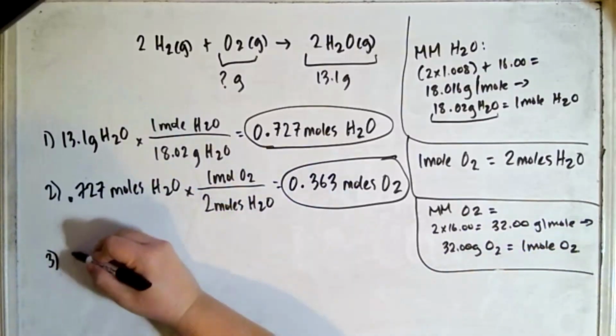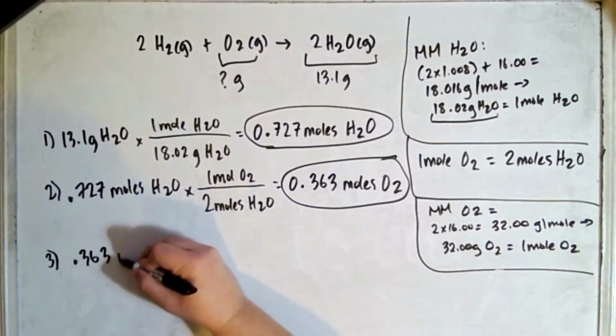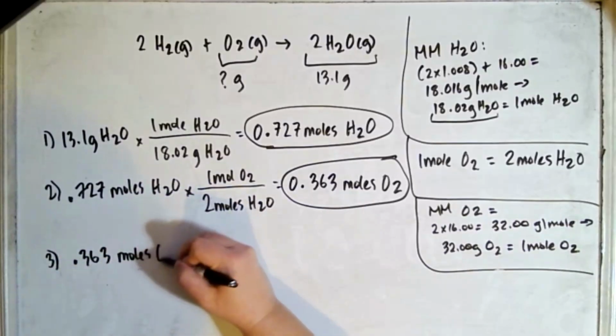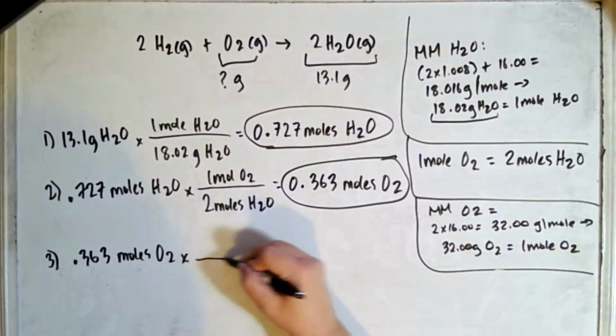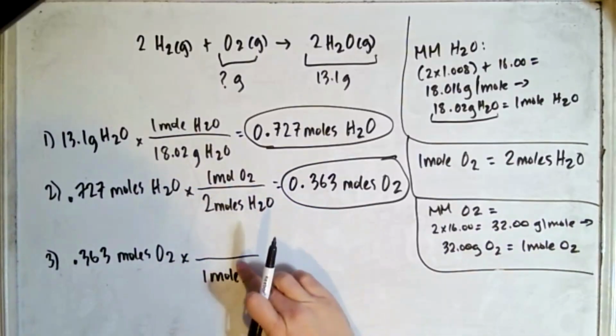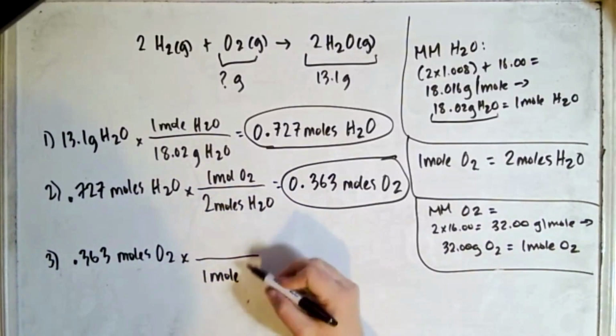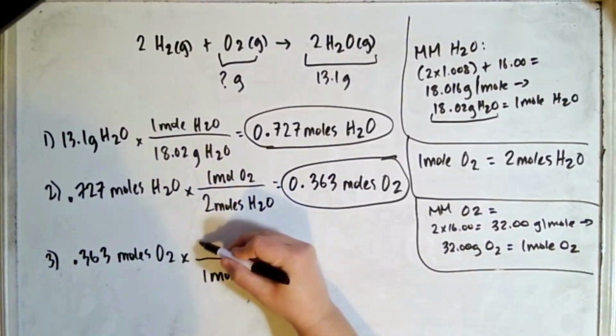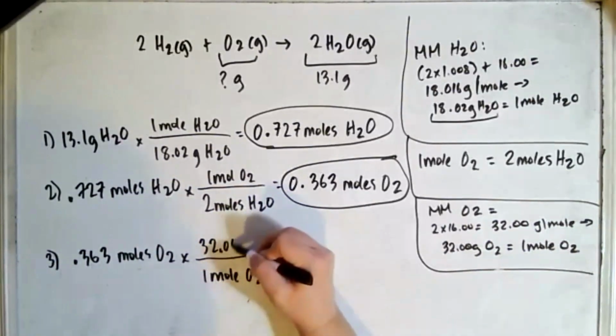All right. So if we have 0.363 moles of O2, every 1 mole of O2 is going to be 32 grams.